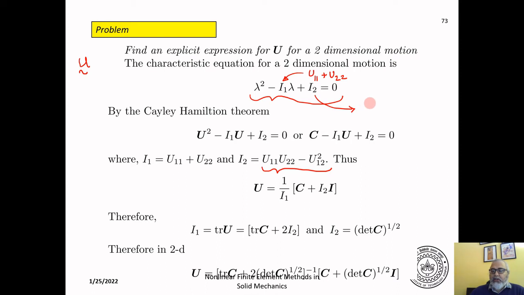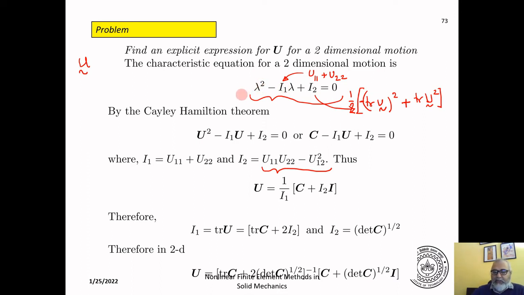Remember, I2 is half of trace of U whole square minus trace of U square, or the other way around. I think it's minus here and plus here. Okay, so this is I1 and I2. This is for the two-dimensional case.